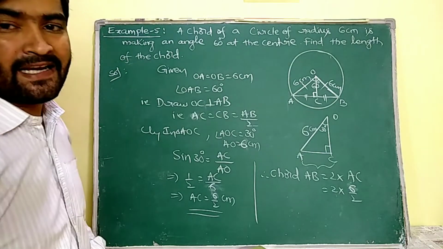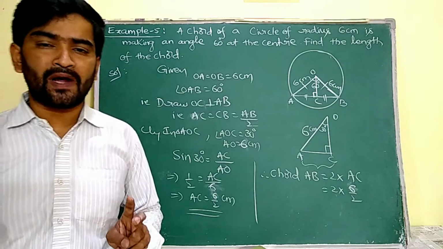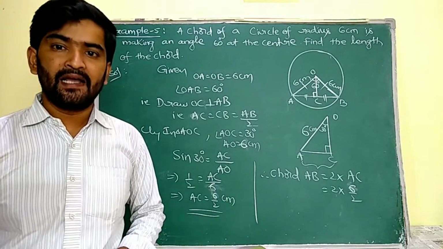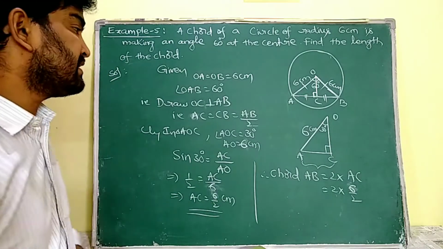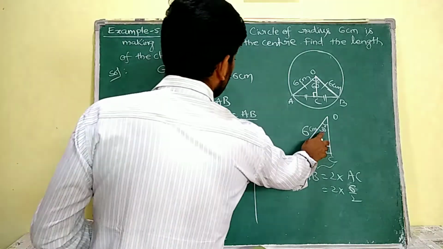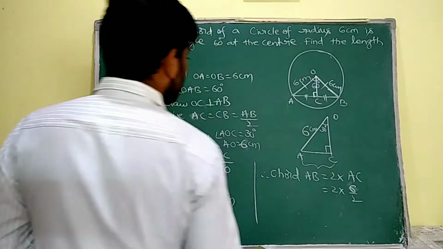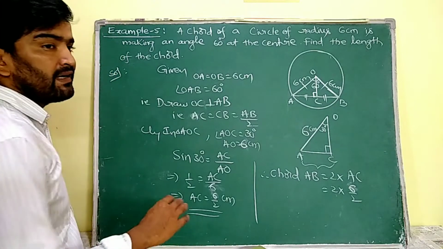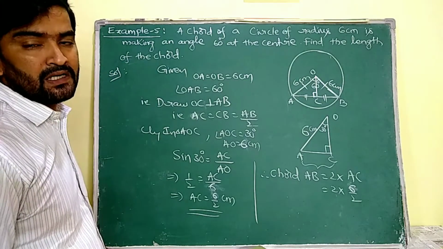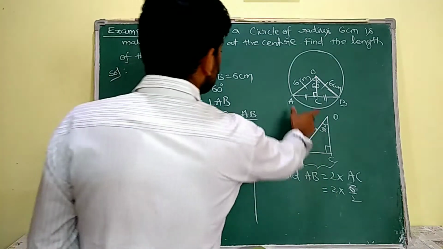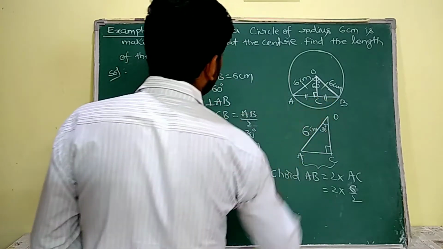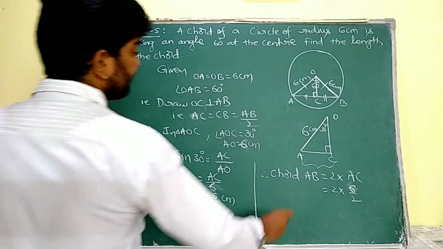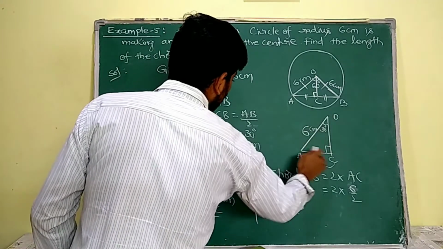We know that in any triangle, if we know two values, then we can calculate the rest of the required values. In this triangle I know one angle and one side. I want AC here, because if I know AC, then doubling it I will get AB. For that we have to calculate AC in this triangle.